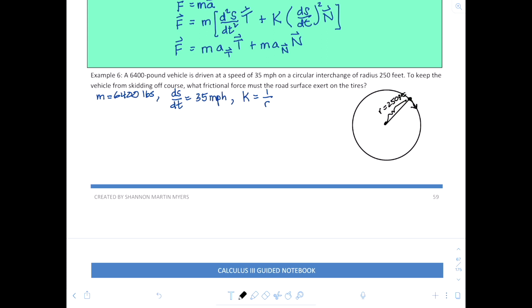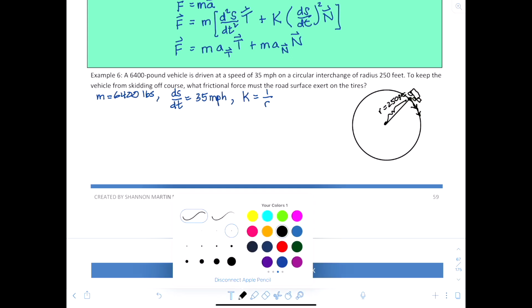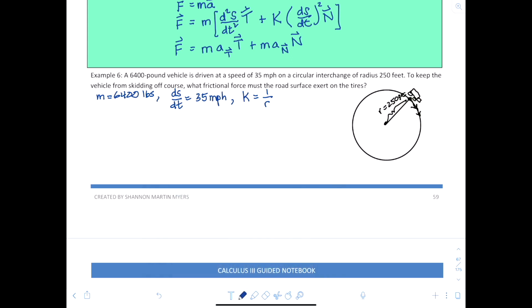And you want it to stay on this road. Okay, so here's your truck. I'm not an artist. All right, so we've got a situation like that. So we do know, therefore, that k would be 1 over 250. Good so far? And that's 1 over 250 feet.